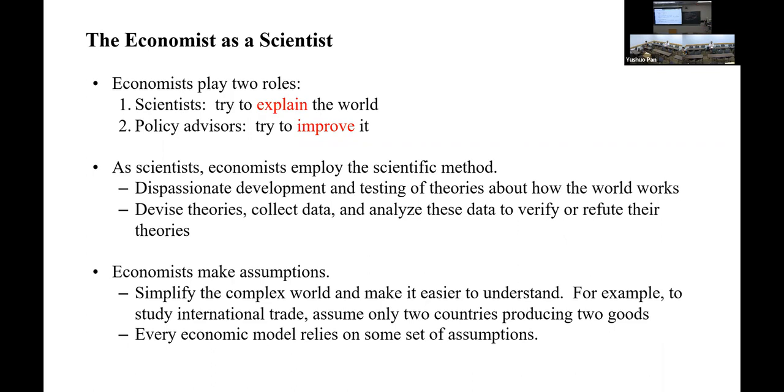So that's one way to get out of the details. You assume that these details will not influence your result, and then you can do your own research. Usually, we have assumptions first, and every economic model relies on some set of assumptions.